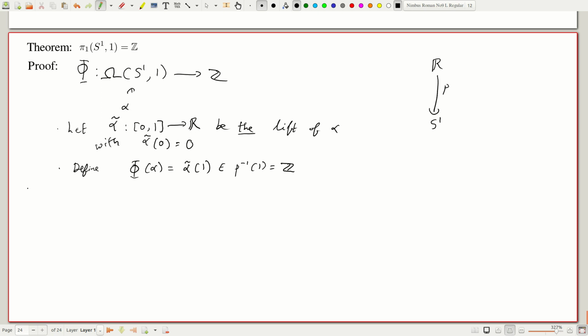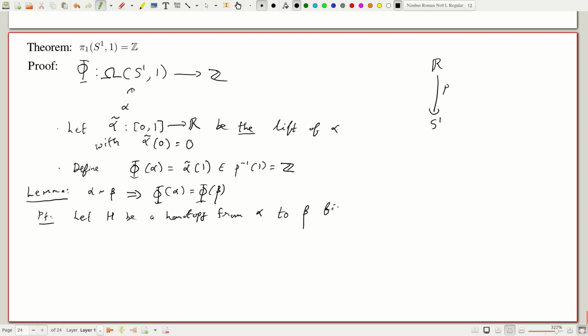But now we want to define the function actually on pi1. So if alpha is equivalent to beta, that is to say alpha is homotopic, fixing base points, to beta, then Phi of alpha is equal to Phi of beta. This will let us define an induced map. So the proof is: let H be a homotopy from the first map alpha to beta, fixing the endpoints.